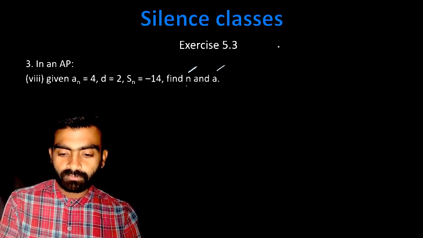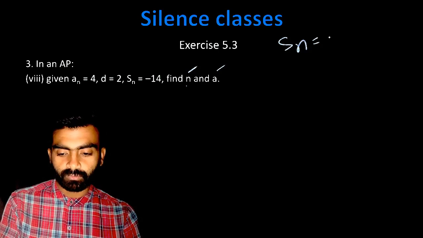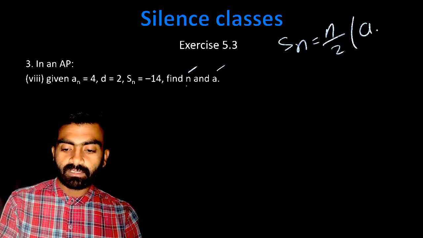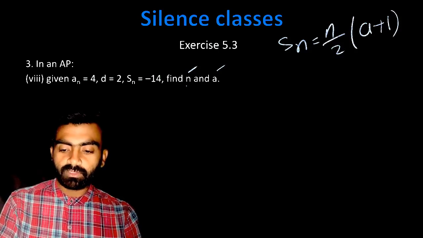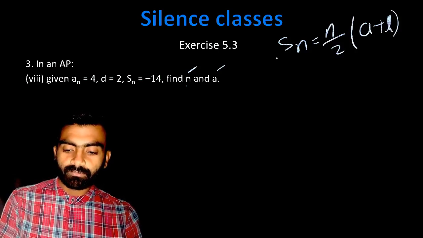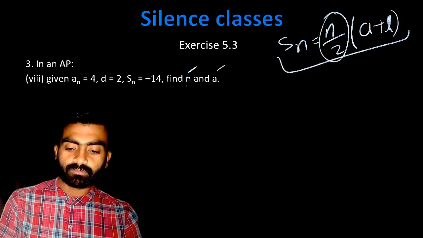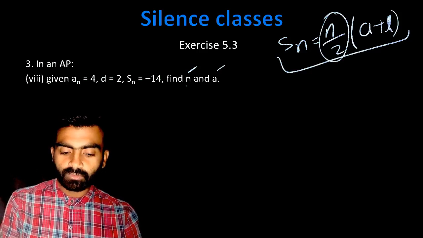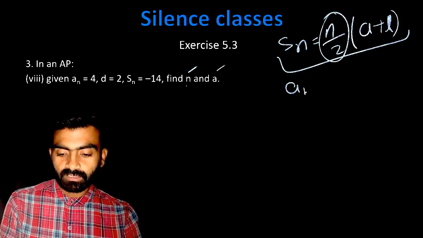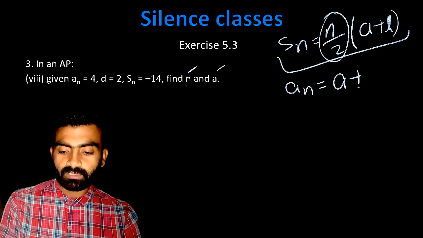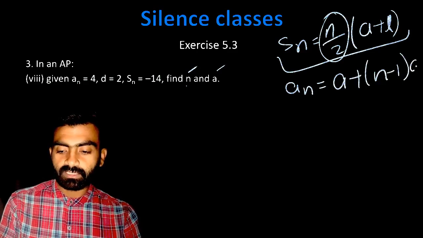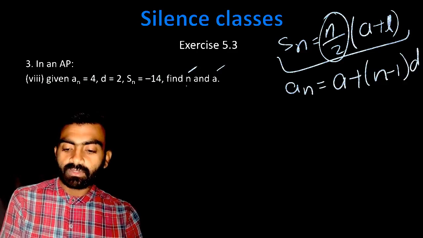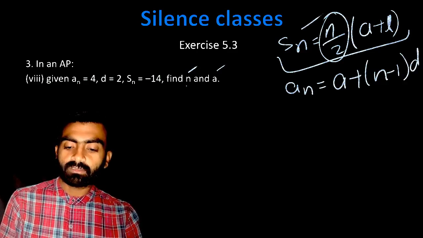If I take S_n is equal to n upon 2 times (a plus l), the numbers will already be in fractions, or rational numbers. So we can use a_n is equal to a plus (n minus 1)d to find the value. Then we can make an equation and put it into this one.